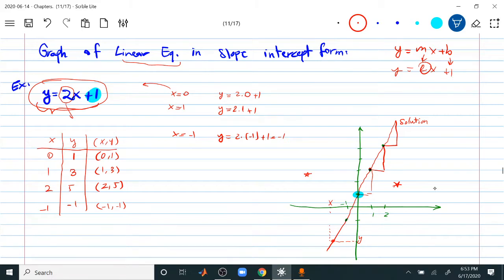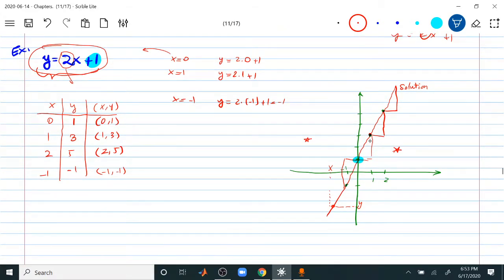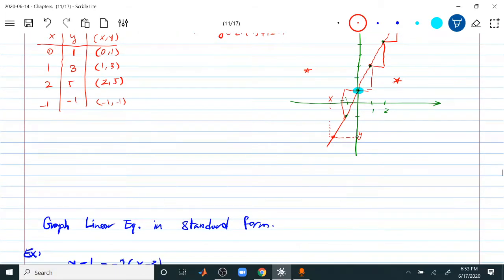You start from here, move 1 left, 2 down, you're going to be on the line. Sorry, I cannot draw a straight line. So that slope just tells you that the ratio is a fixed value.